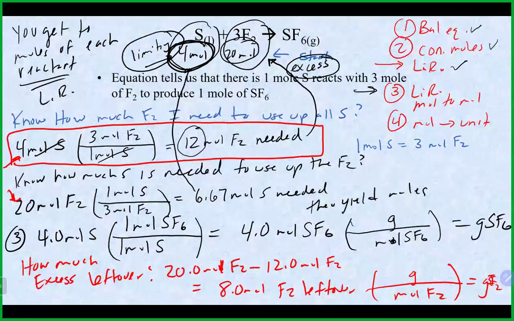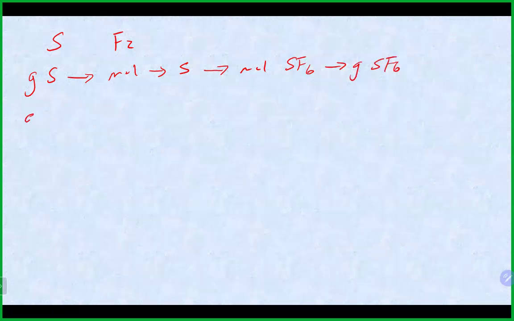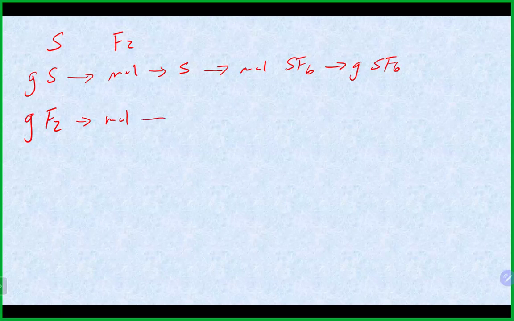The alternative way to do it is basically you would take, for example, here we had our sulfur and our fluorine, right? You would do 2 separate calculations. One starting with sulfur, going from grams of sulfur to moles of sulfur to moles of SF6 to grams of SF6. And then you would do the same thing. You would start with the grams of fluorine, go to moles of fluorine, then go to moles of SF6 and grams of SF6.